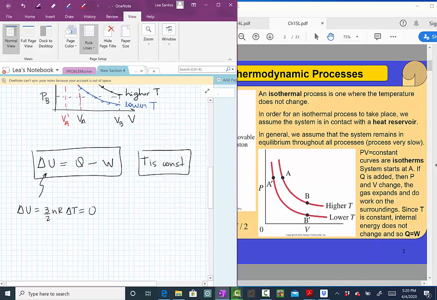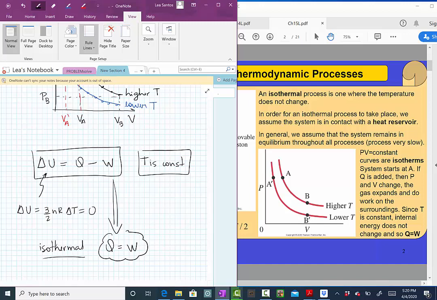So we conclude that in an isothermal process, all the heat being added to the system via the heat reservoir is used to get work done. So Q is equal to the work. This equation is valid for isothermal processes.